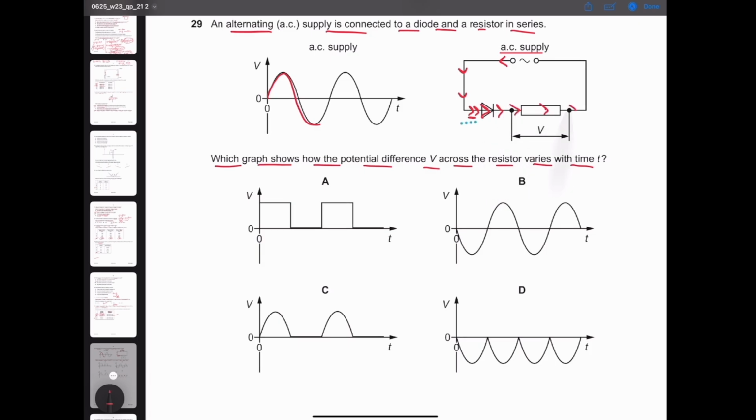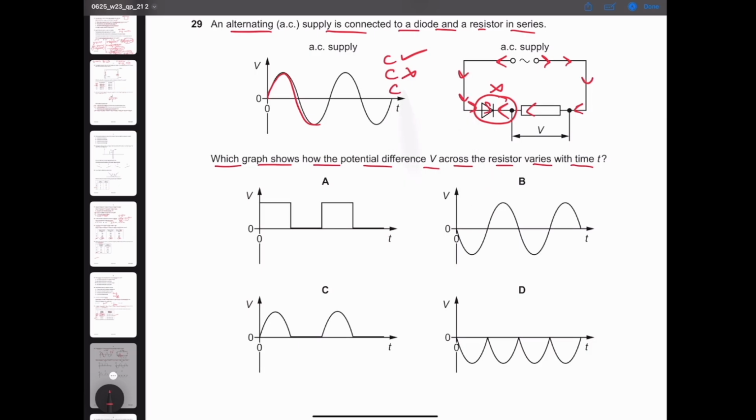So the first cycle is done, current is flowing. But in the second cycle, when the current reverses the direction, it will start flowing like this. Now the direction of current is in the opposite direction to the diode. So in this case, it does not allow the current to pass through. So in the second cycle, current will not pass. In the third cycle, it will again go from the left, so it will allow it to pass.